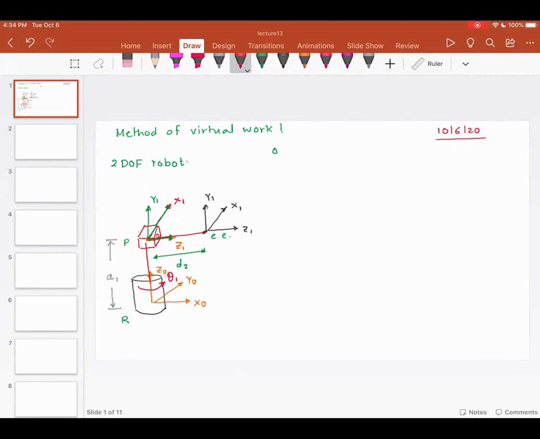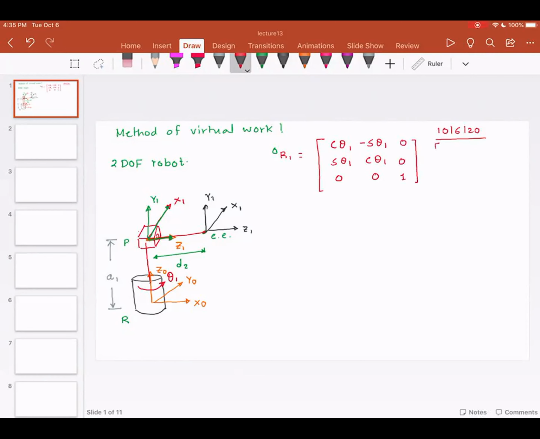So 0H1 needs to be found out. I'm going to do 0R1. To find 0R1, it's simply cosine theta 1, minus sine theta 1, 0; sine theta 1, cosine theta 1, 0; 0, 0, 1.